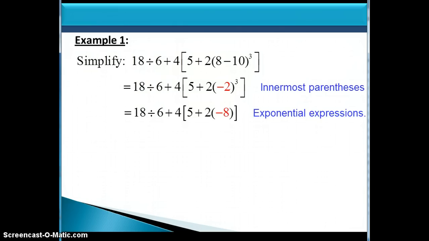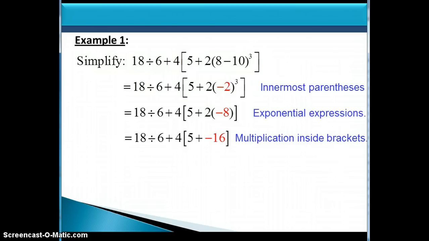So now we have addition and multiplication left to do inside the brackets, and of course multiplication is done before addition. So the next step is to multiply 2 times -8, and 2 times -8 is -16.